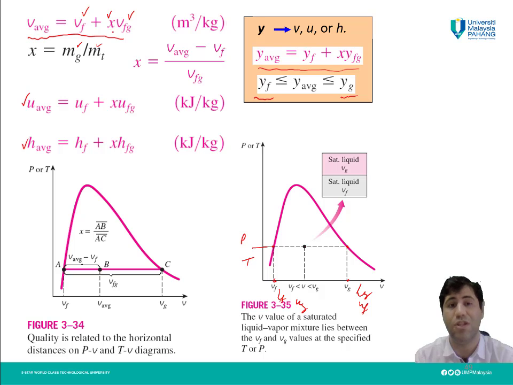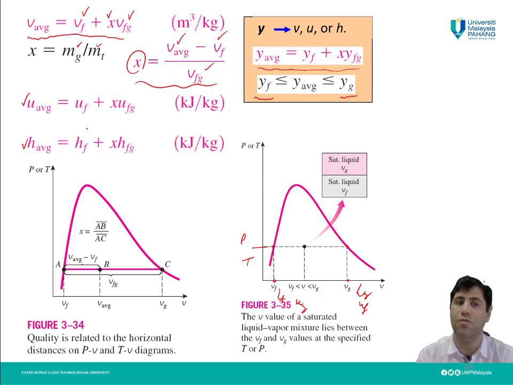And sometimes we need to calculate x by this equation. If we restructure this equation, x will be equal to V average minus Vf, divided by Vfg. If we know V average, Vf, and Vfg, we can calculate x. This x can be used to calculate other properties as well.